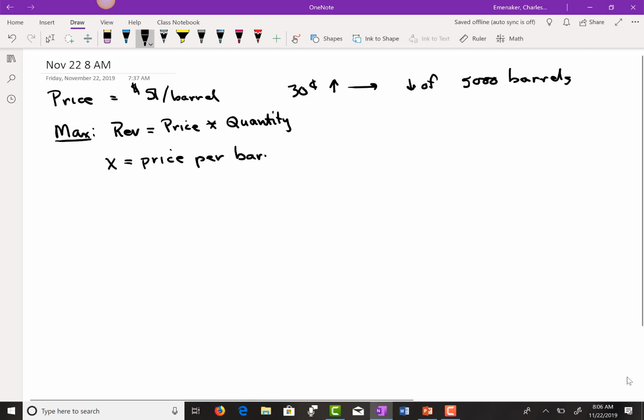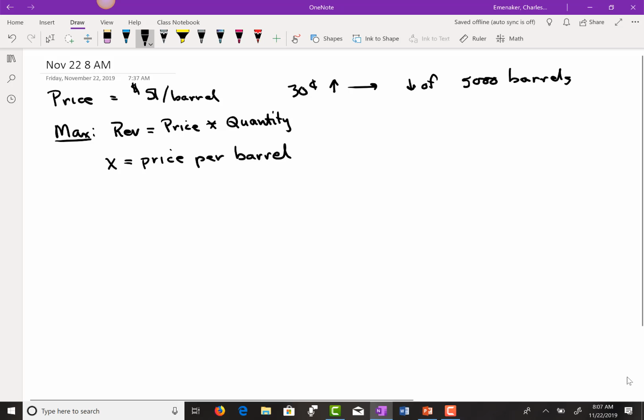What units will X be in? Dollars? Sounds like it, because the price now is $51 a barrel. Oh, wait a minute. They gave us a price, didn't they? So it's right now 51.